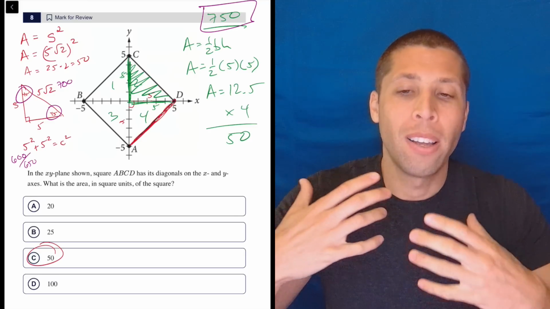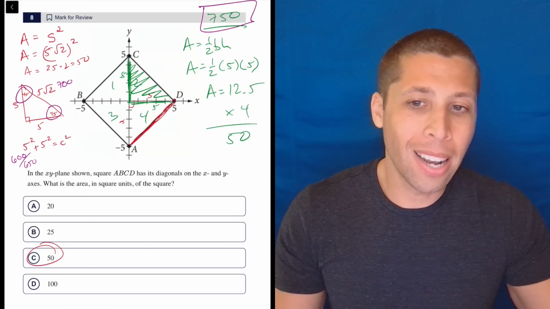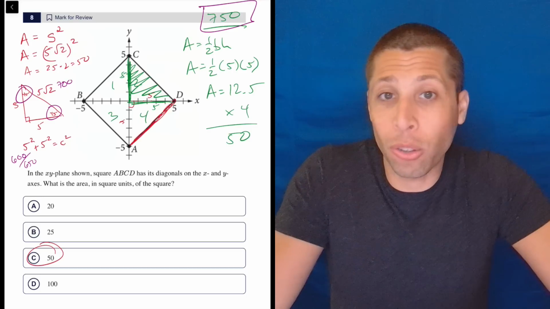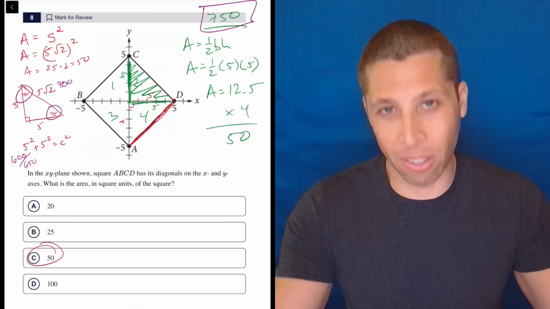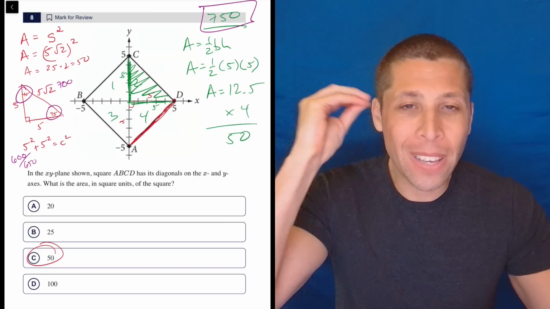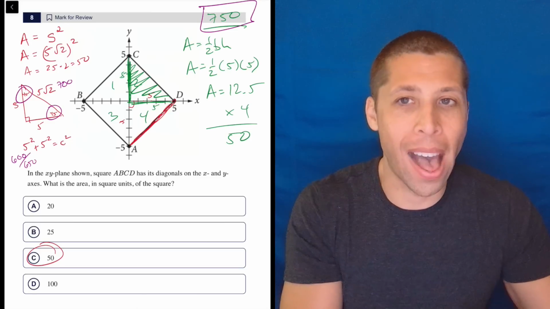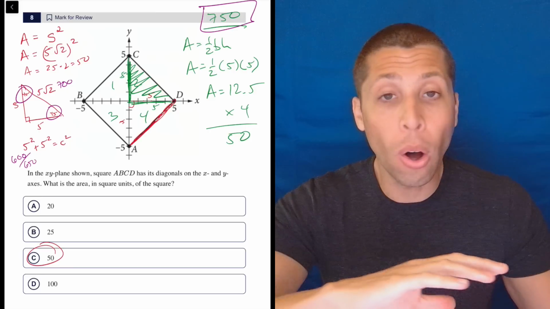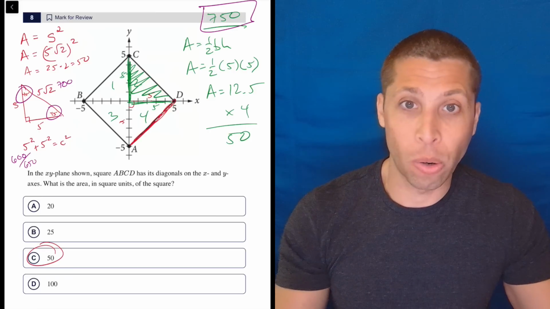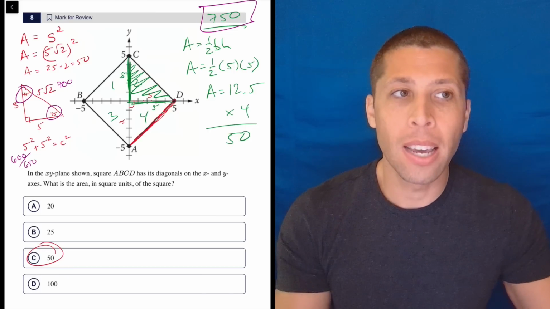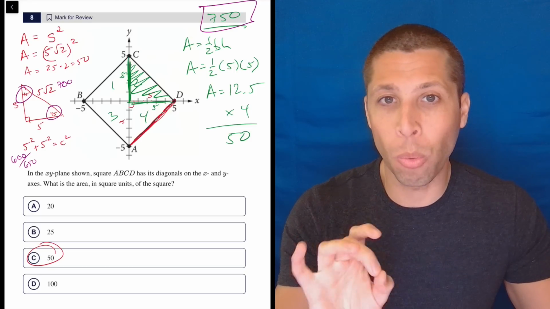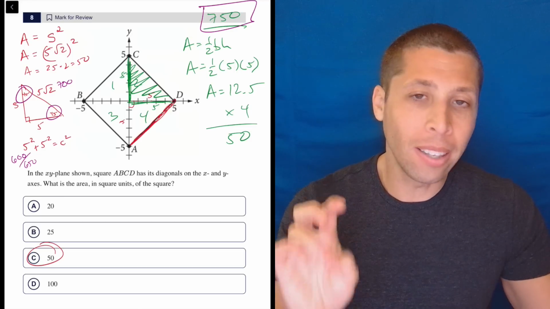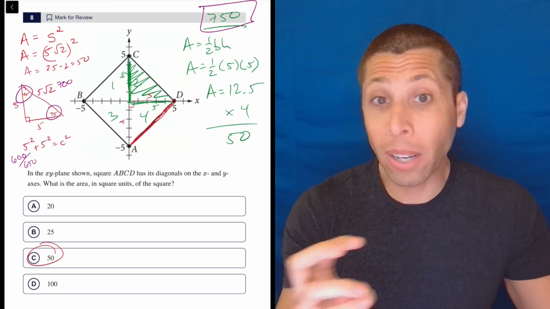And so recognizing very quickly that it's really not a square, it's 4 triangles, or we can think of it as 4 triangles. That connection, if you can make that really fast, is going to save you on all sorts of questions, not just geometry questions. You're going to be able to see maybe 2 or 3 paths at once and be able to choose the one that is the least annoying, the least risky, the fastest, whatever it may be.